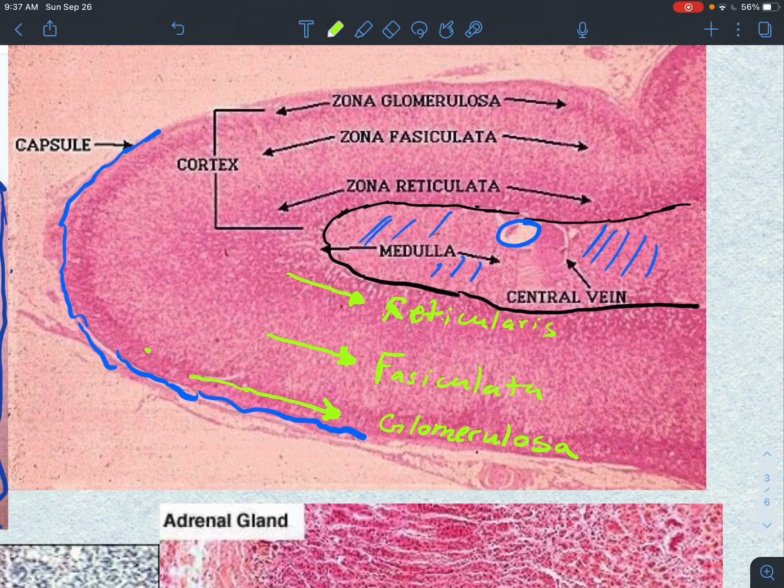So all of this, as I'm tracing it, is all zona glomerulosa. And you can see that it ends up being here, where all of that is zona glomerulosa. All of this is all zona fasciculata, going into here, zona fasciculata, because it's making that circle around the medulla. And so you want to keep track of that.